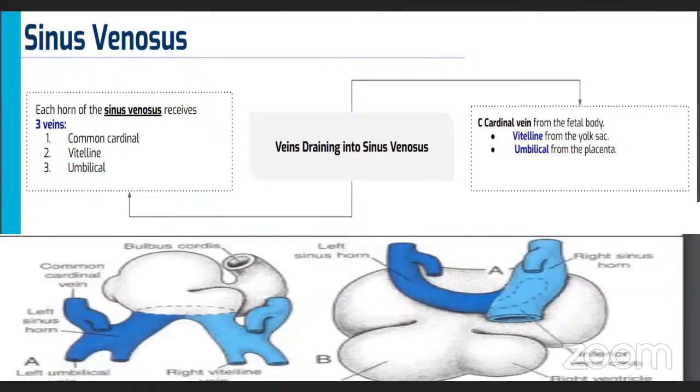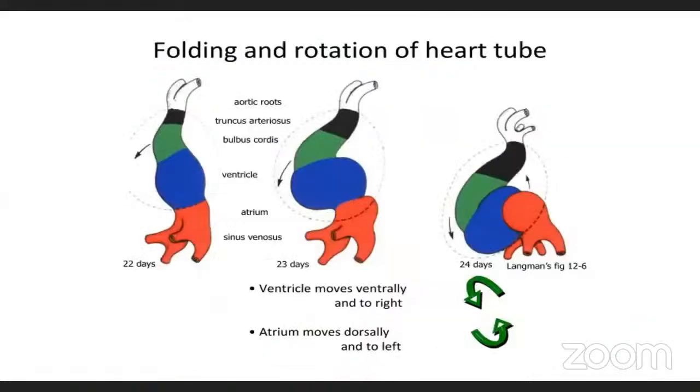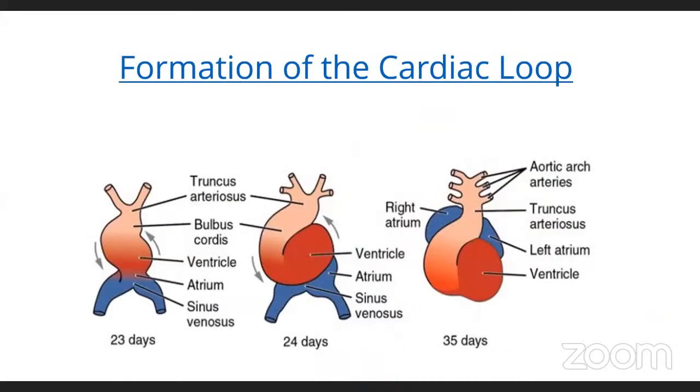For the sinus venosus, there are 3 inflow tracts. There are 3 inflow tracts entering into the sinus venosus via the right horn. This is called the right horn and left horn.